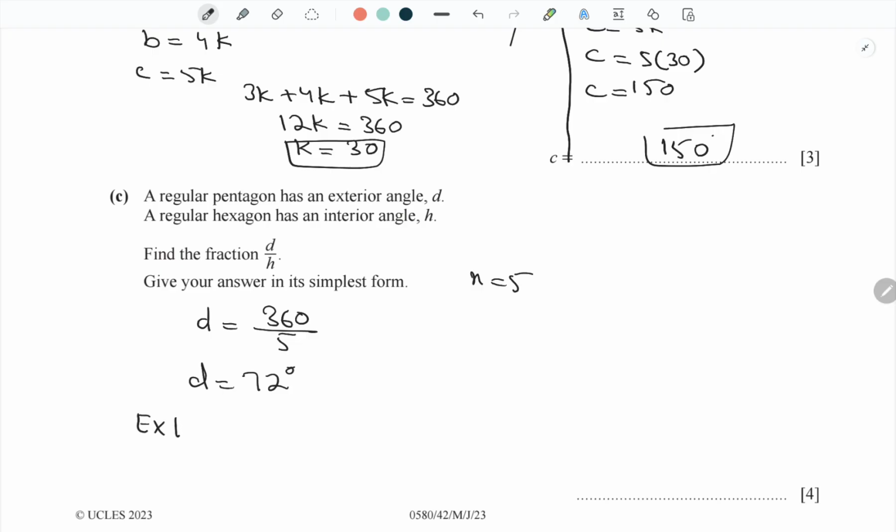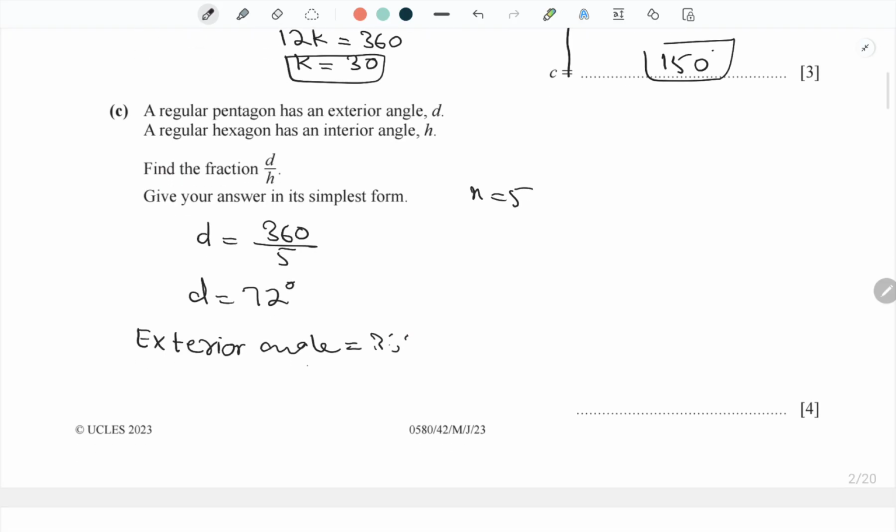The exterior angle equals 360 over 6, which equals 60 degrees. Now, since the interior and exterior angles sum to 180 degrees, h equals 180 minus 60 degrees. So we get the value of the interior angle h, that is 120 degrees.